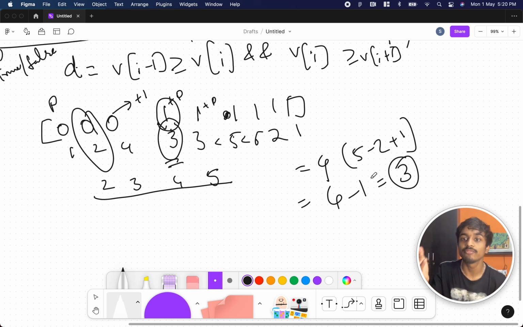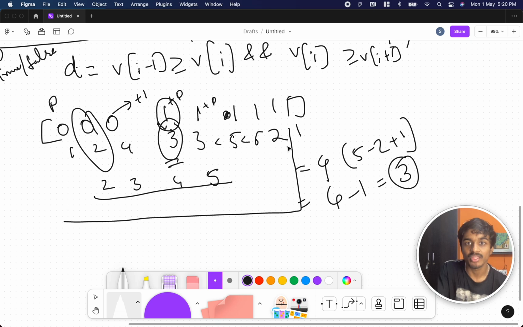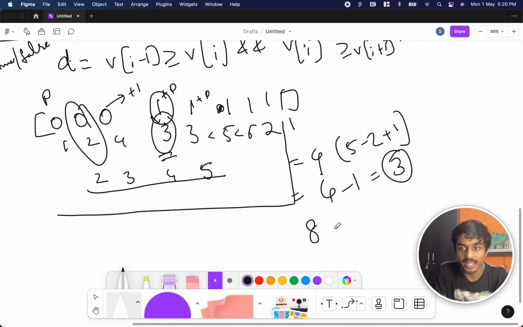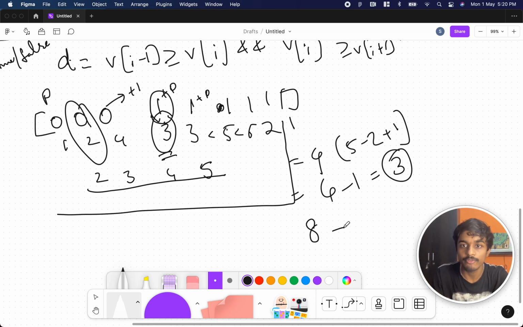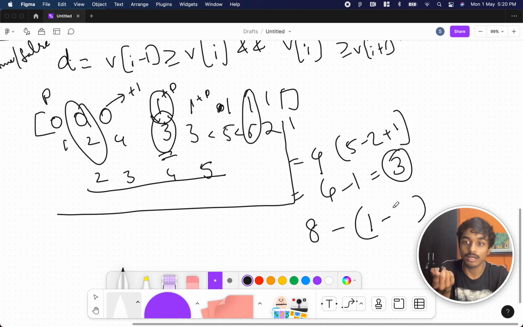Now what if it is 1 to 8? 1 to 8 means it will go till here, right? Now there are 8 elements in the array and I need to reduce the number of deviations. How am I reducing the number of deviations? It is the subtraction of a of r minus 1, that is this one, that is 1 minus dp of l, that is the lowest bound.